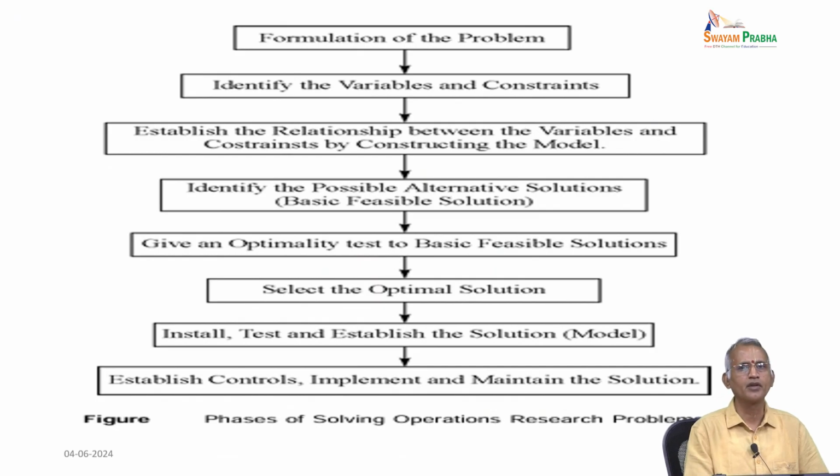So, the structure of the optimal problem is: first, the formulation of the problem and identifying the variables and constraints, and establishing the relationship between the variables and constraints by constructing the model and identifying the possible alternative solutions, called basic feasible solutions, and giving an optimality test to the basic feasible solution and selecting the optimal solution, and testing the solution and establishing the solution with the model, and establishing the controls, implementing and maintaining the solution.